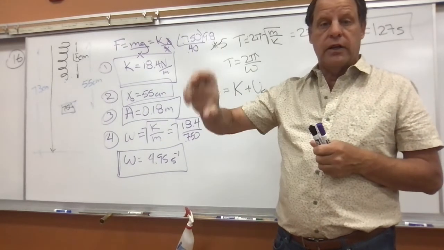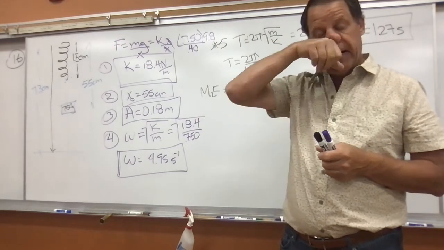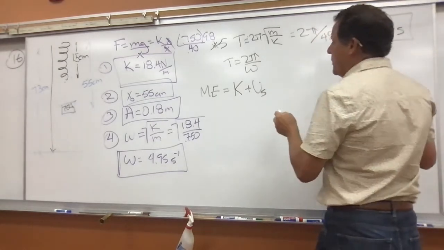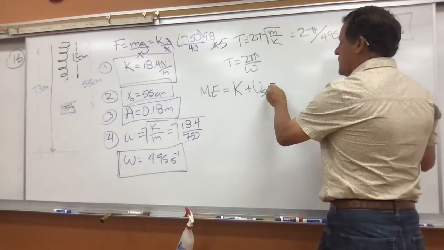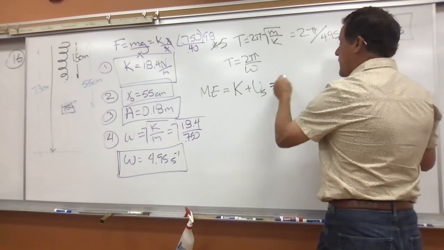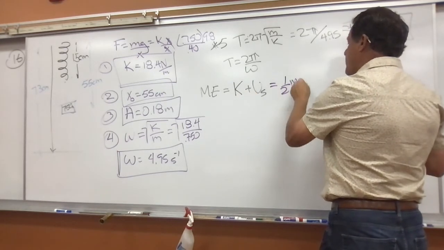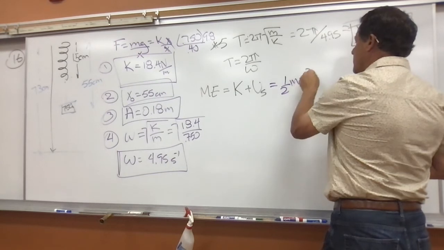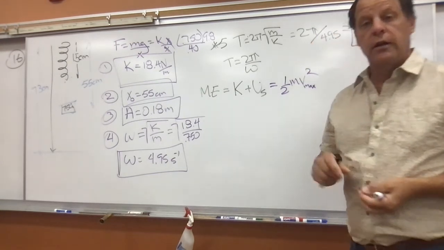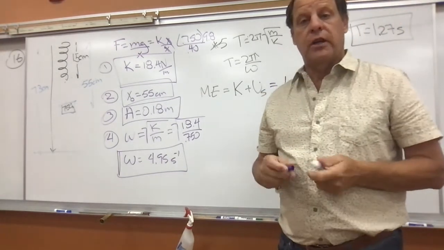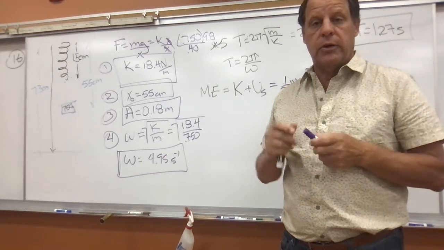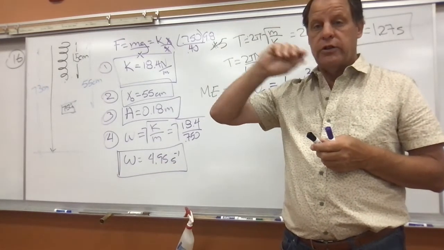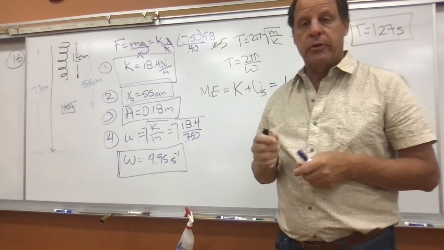So we can just think of the spring and the kinetic energy, and we now know that the kinetic energy would be 1/2 m v max squared, because the velocity is going to be the greatest right in the middle, and the potential energy is going to be greatest at the amplitudes.